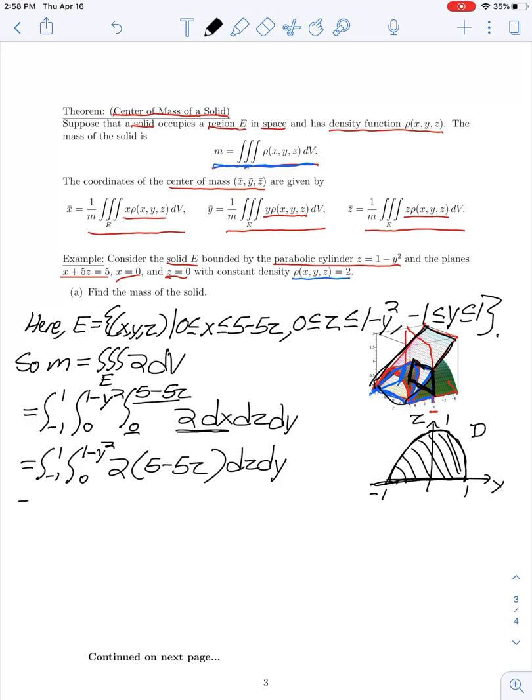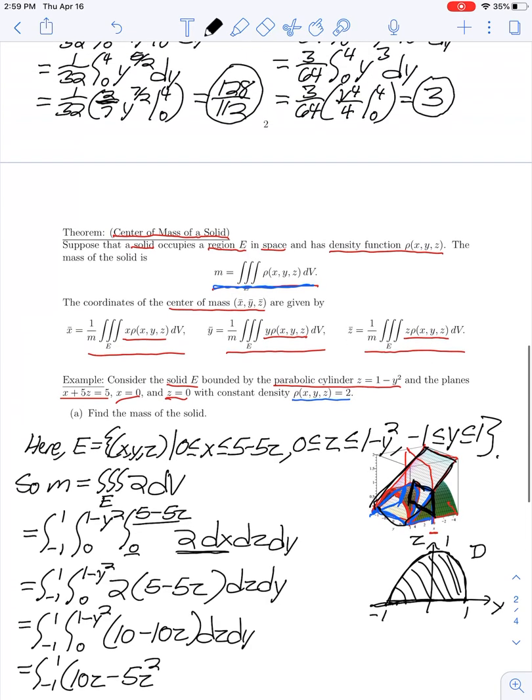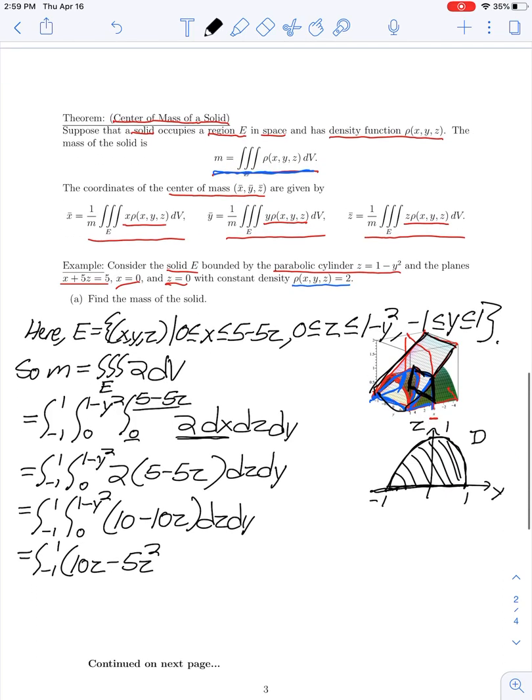So here we could first distribute our constant 2, and we have 10 minus 10z dz dy. So our antiderivative with respect to z, let's see what we have. We have 10z minus 5z squared, which is being evaluated from 0 to 1 minus y squared dy.